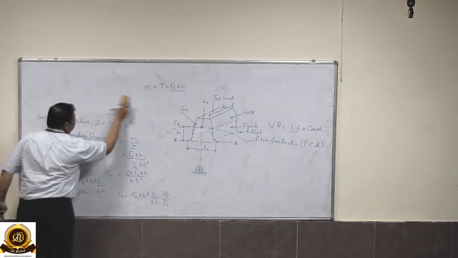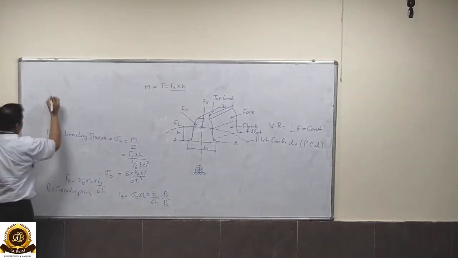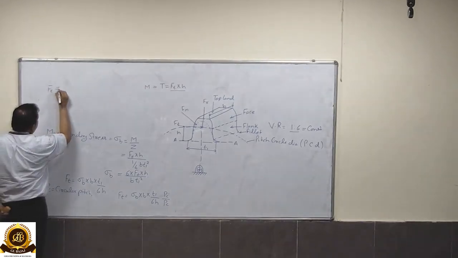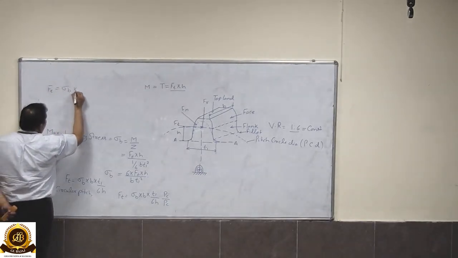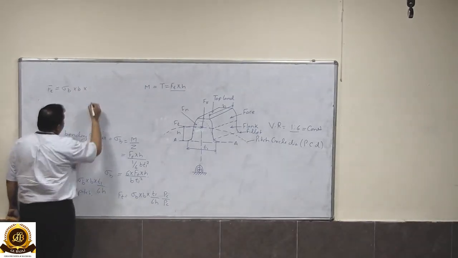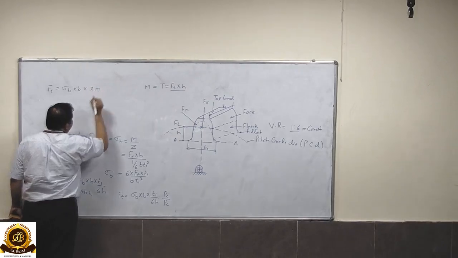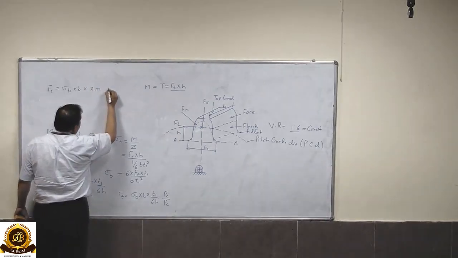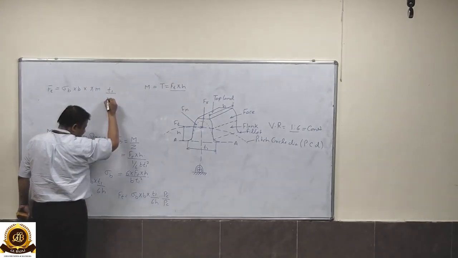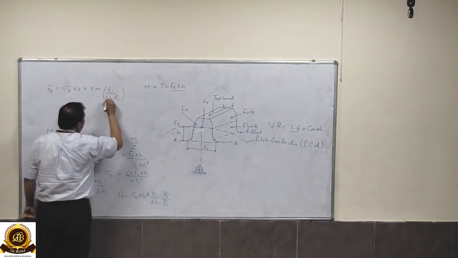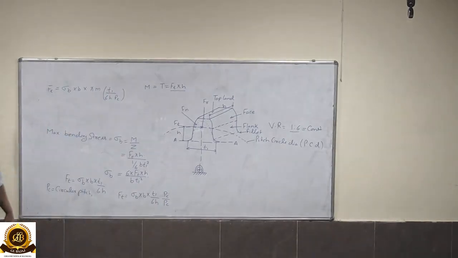Now, in this equation, Ft equals sigma b into b multiplied by PC, which can be put as pi into m, where m is the module, and this is T1 divided by 6 into H into PC. This we can take in a bracketed quantity.